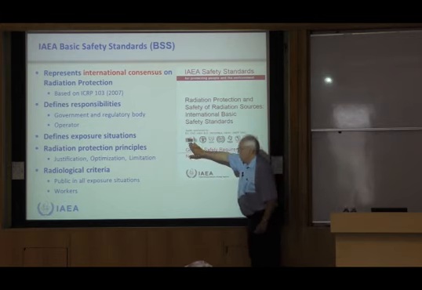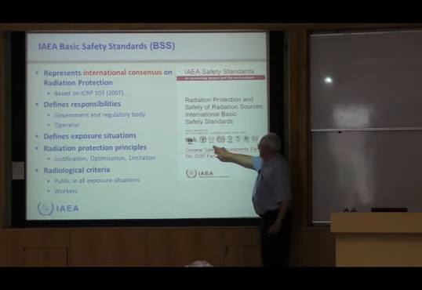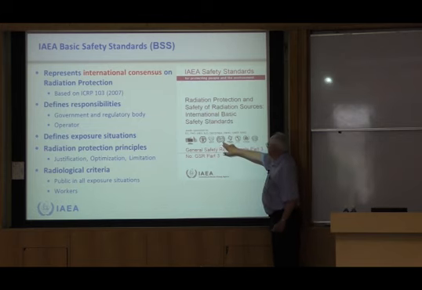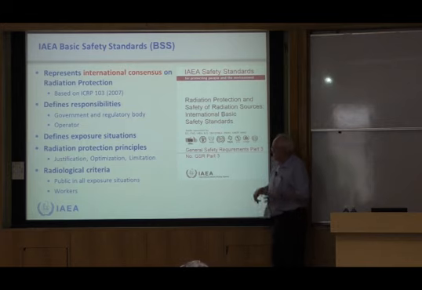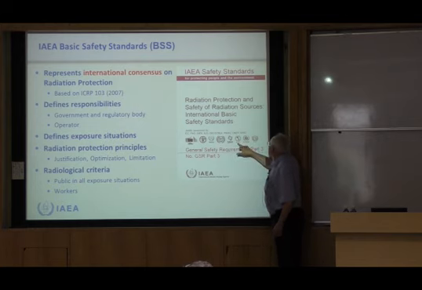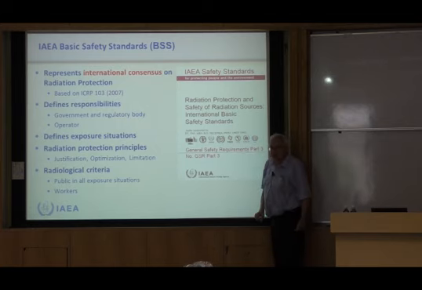For example, the European Union, the FAO, Food and Agriculture, IAEA, ILO, International Labour Organization for Protection of Workers, NEA is Nuclear Energy Agency, PAHO is for Pan American Health Organization, UNEP is the United Nations Environmental Program, and the WHO, World Health Organization.